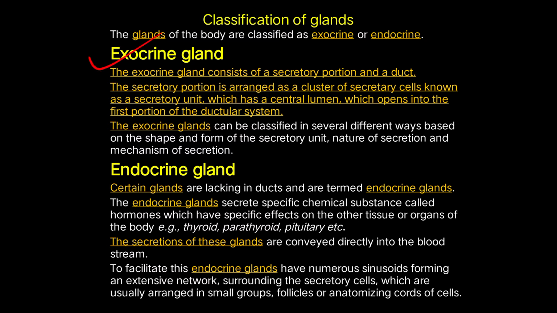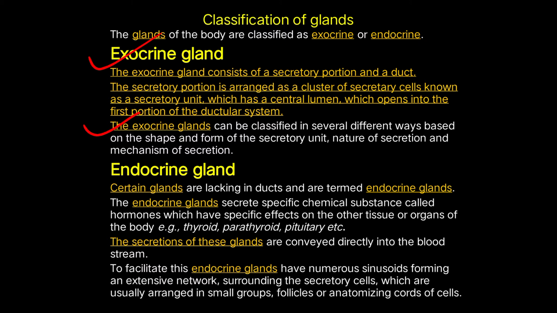Exocrine glands consist of a secretory portion and a duct, and the secretory portion is arranged as a cluster of secretory cells known as a secretory unit, which has a central lumen that opens into the first portion of the ductular system. And then exocrine glands can be classified in several different ways based on the shape and form of the secretory unit.